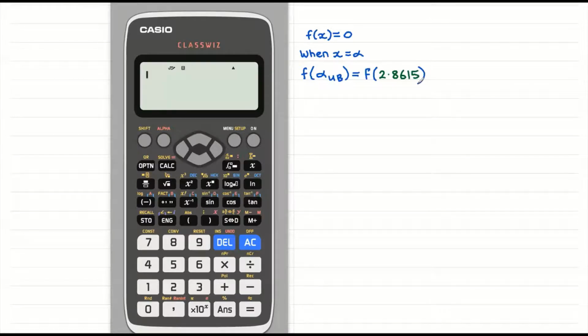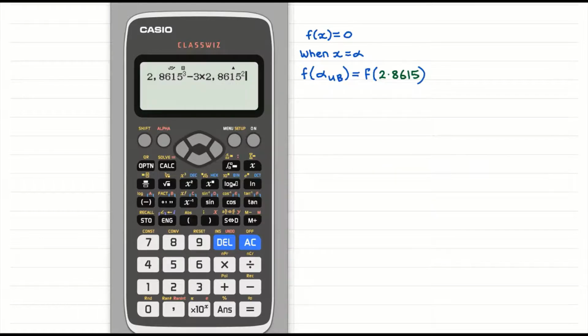So let's do this. Just be careful when you're plugging the numbers in. We're plugging this into the original function. The original function is x cubed, so 2.8615 cubed, then subtract 3 lots of 2.8615 squared.